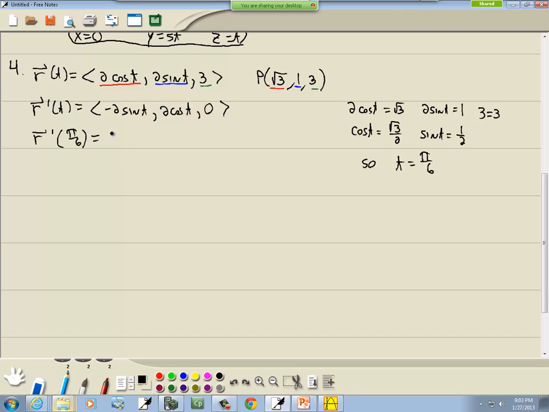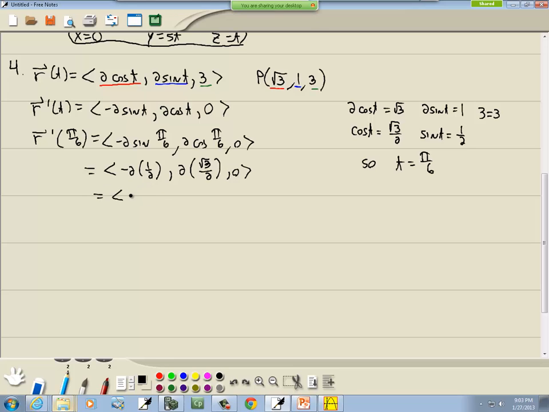Okay, so we're going to have negative 2 sine pi over 6, 2 cosine pi over 6, and then 0. Well, sine of pi over 6 is 1/2, so we got negative 2 times 1/2. And here we got 2, and cosine of pi over 6 is square root of 3 over 2. And 0.